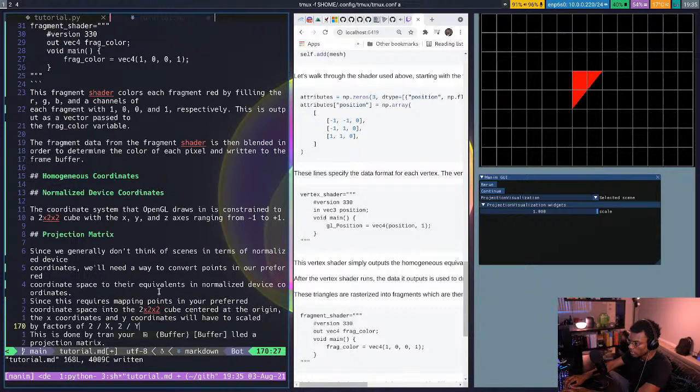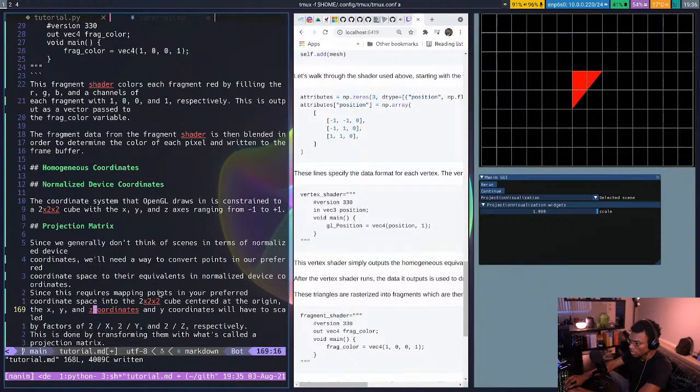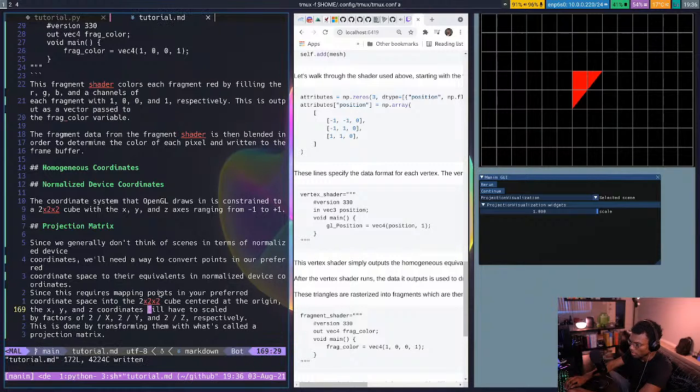Divided by y, and I should include this for z. The x, y, and z coordinates will be scaled by those factors respectively.